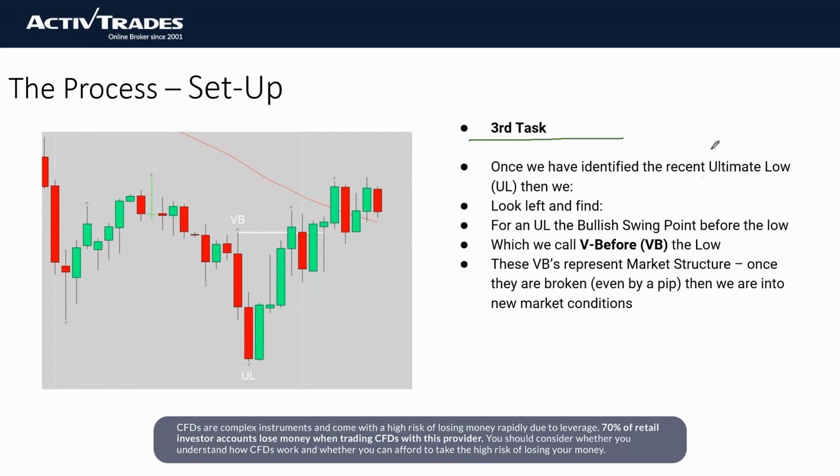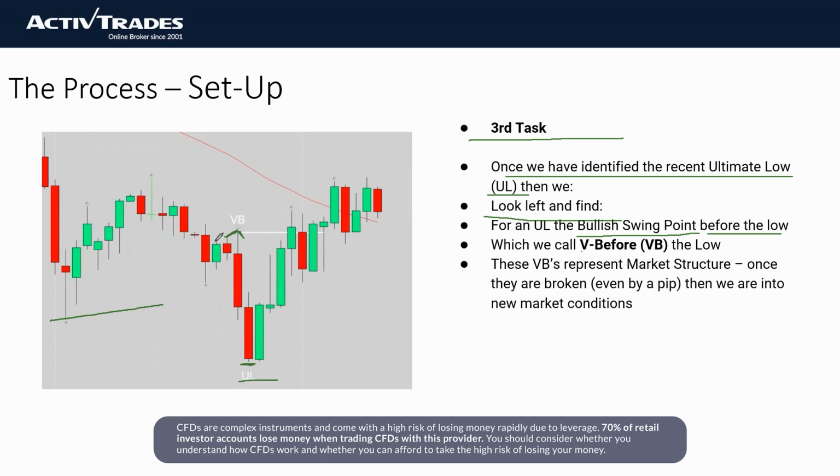On the flip side, if price has been in a downtrend, once you've identified your ultimate low, then as soon as you push to any new low, like here, you look left and find the last bullish swing point before the low, which in this case is here. This was the low. Where is the bullish swing point?